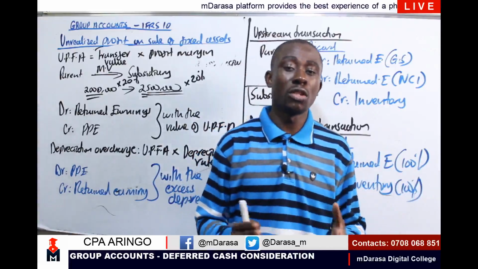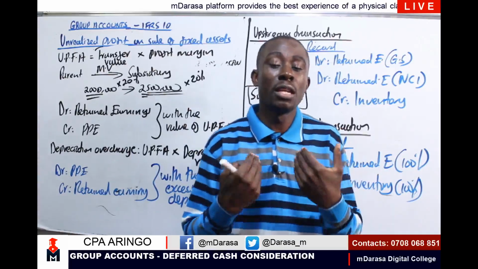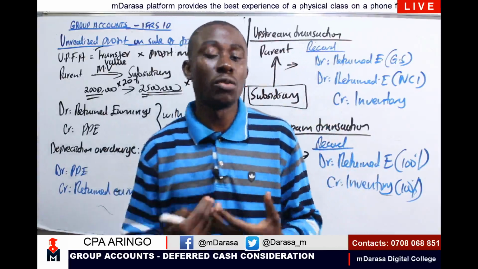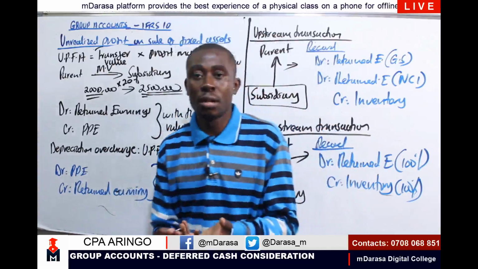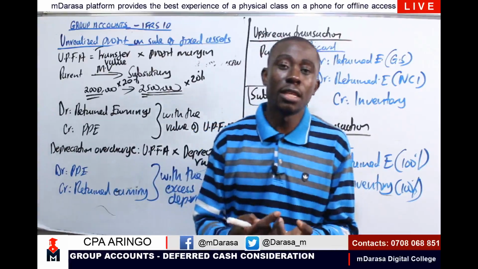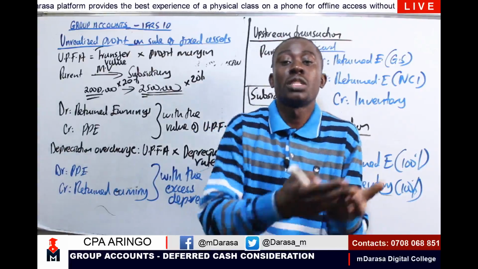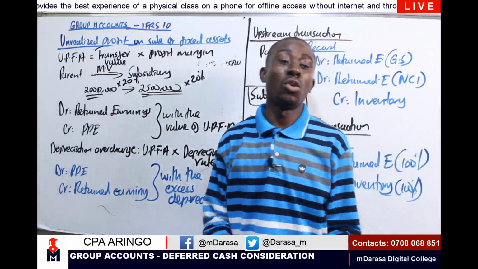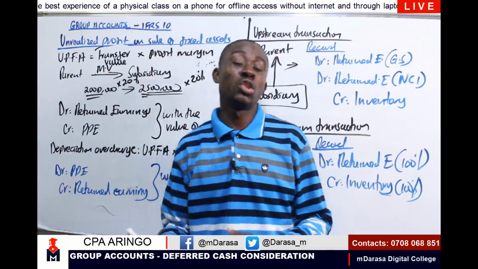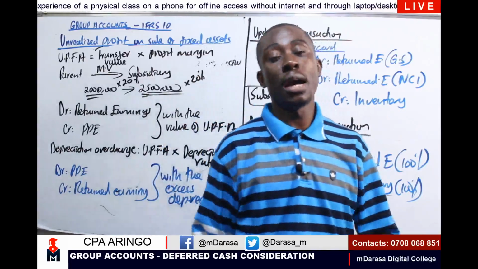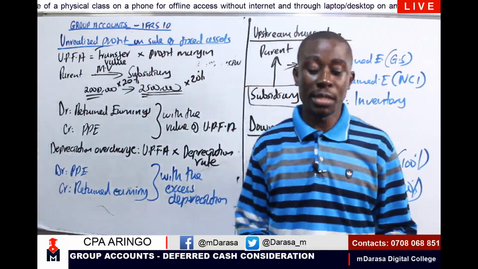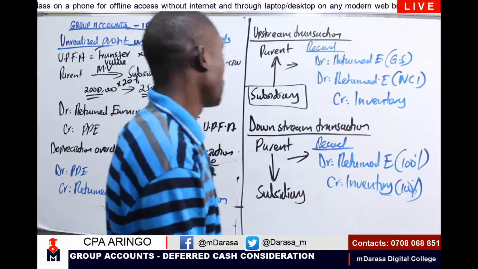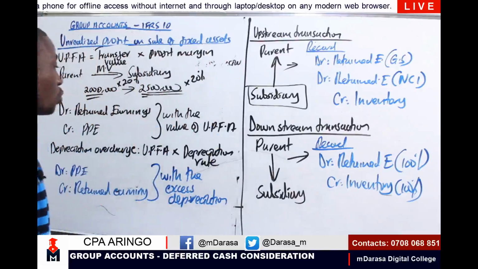So in the books of the one who has remitted, say the parent, I'll be counting as if I've paid, but in reality the amount has not yet reached the subsidiary. Therefore, whenever I'm having such, I should always add it to our cash and cash equivalent. You'll find this will be very easy as we look at our question.